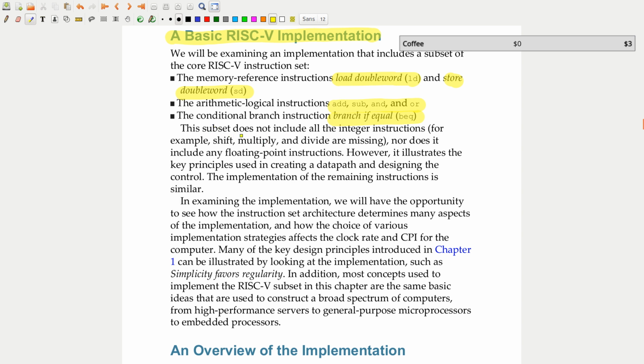So we at least need something like a branch if equal, or conditional branch. So of course this subset doesn't include all integer instructions. Things like multiply, shift, and divide aren't in here. And we also don't talk about those floating point instructions that we saw earlier. But those aren't exactly necessary for a very simple data path. We don't necessarily need to design a processor that takes the IEEE 754 standard instructions.